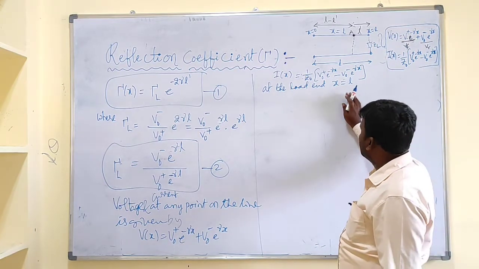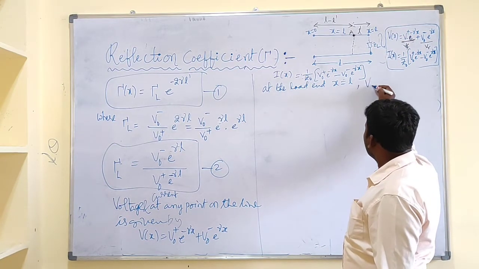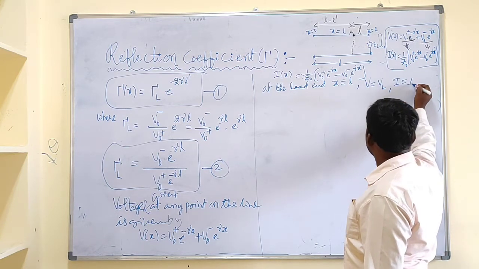At the load end x equal to L, V equals VL and I equals IL.